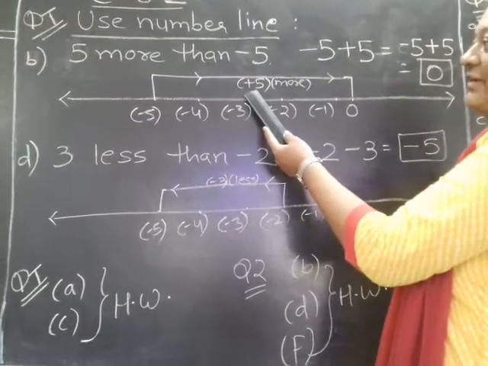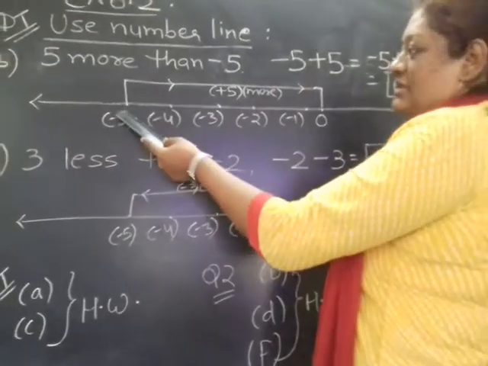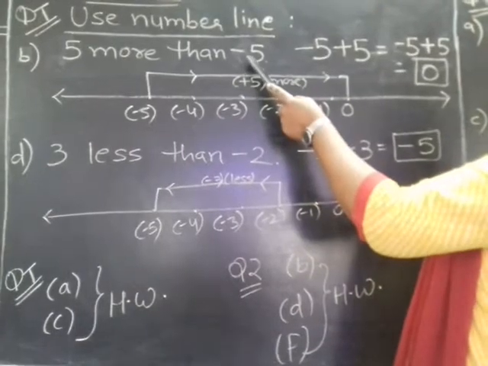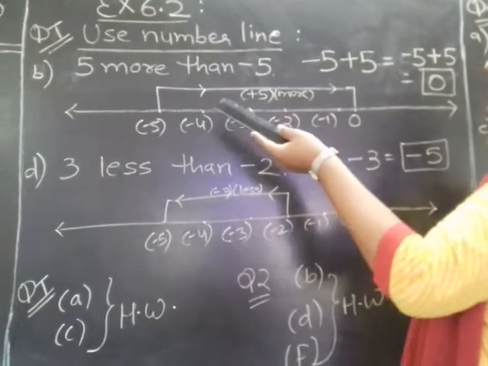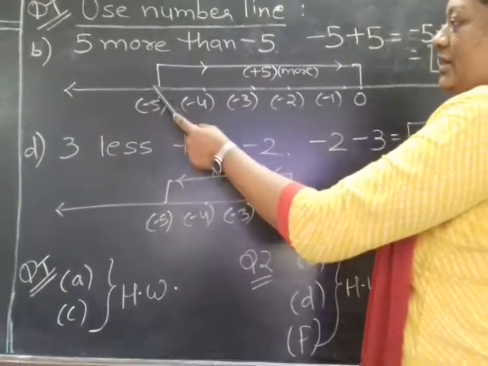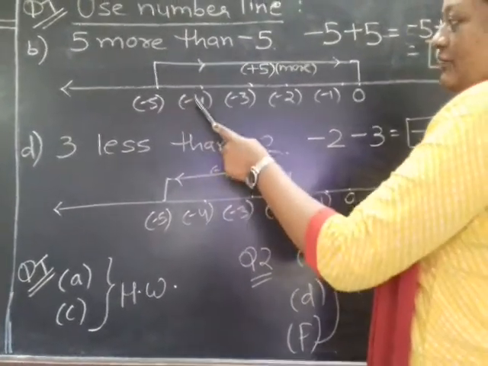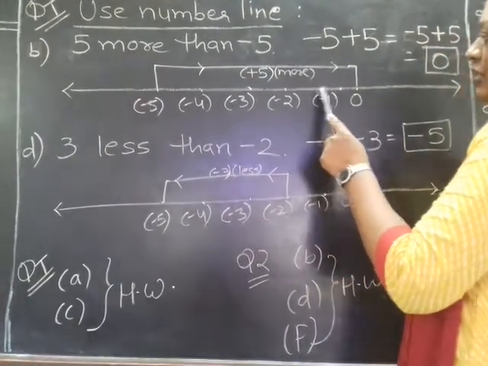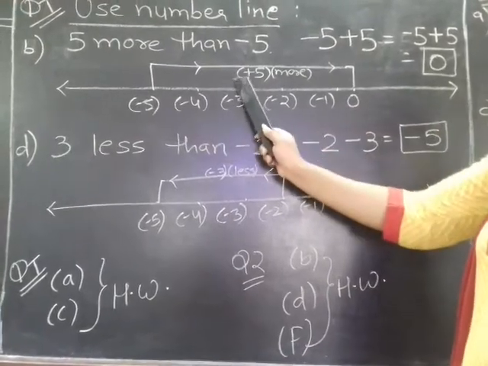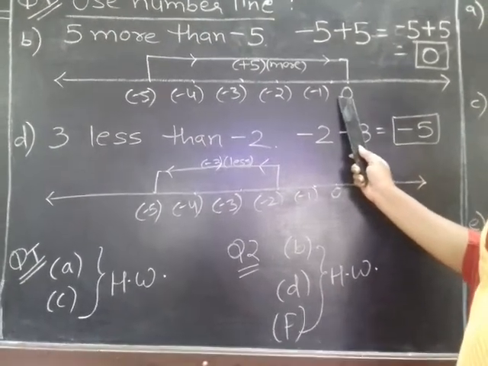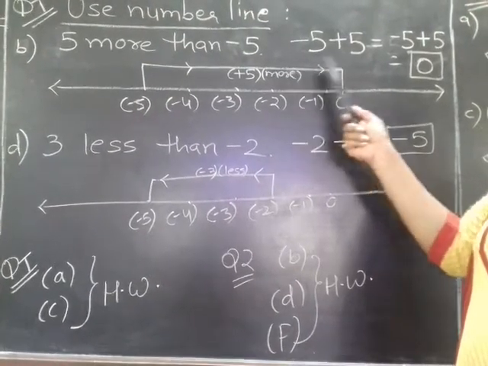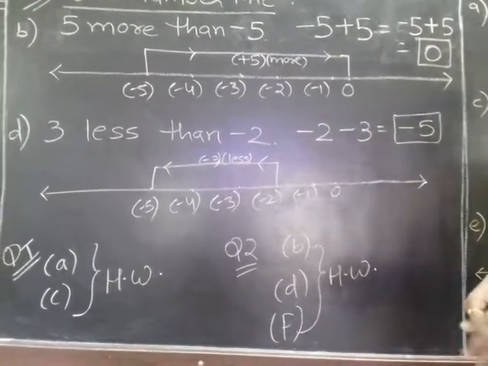How many? 5 more, that is plus 5. From here you will count 5 more: 1, 2, 3, 4, 5. So what is the answer? When I add 5 more to minus 5, my answer comes to 0. Again I am repeating, whenever you have the word more, move to the right side of the number line.